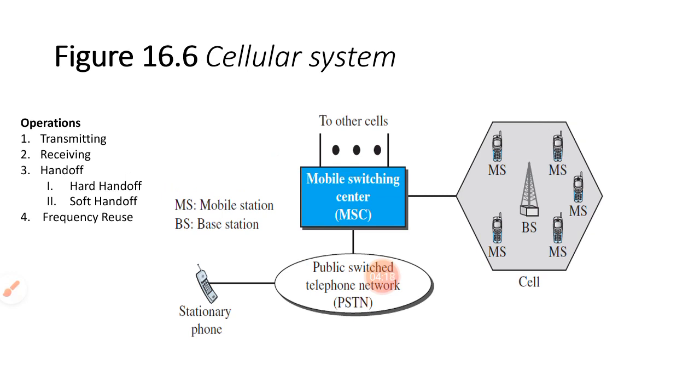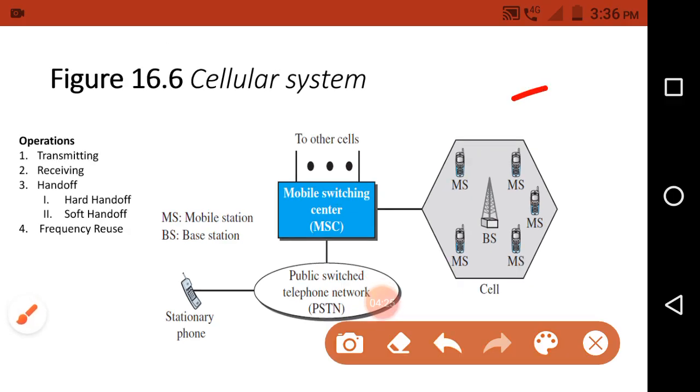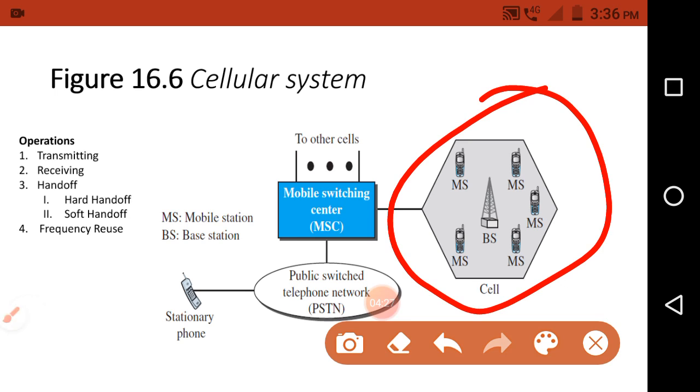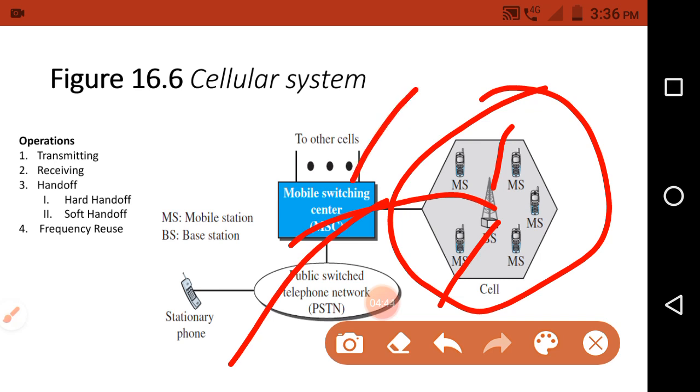Each cellular area is divided into cells, each cell contains an antenna controlled by the base station, the base station is controlled by the mobile switching center, and the mobile switching center is controlled by the telephone office or public switched telephone network, coordinating communication between the PSTN and the base stations.